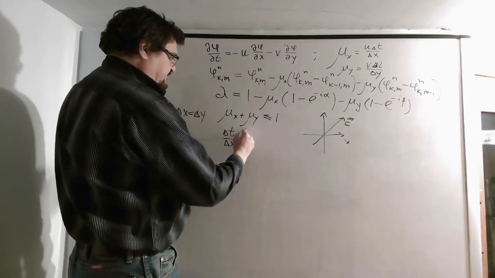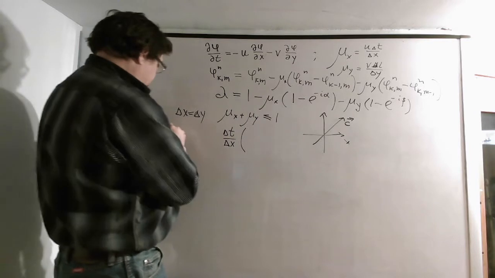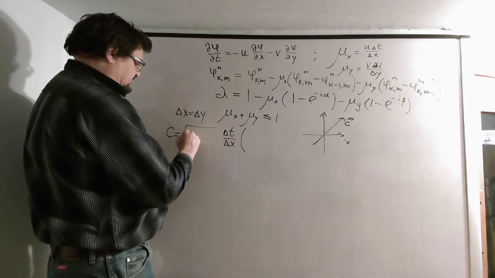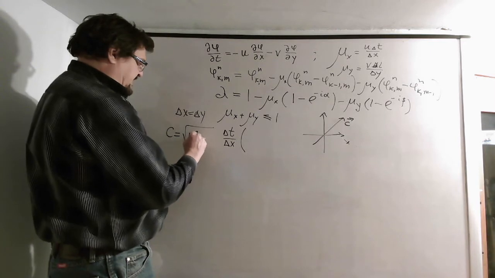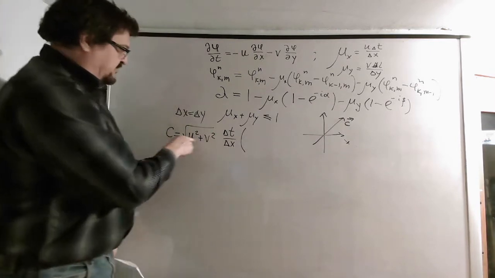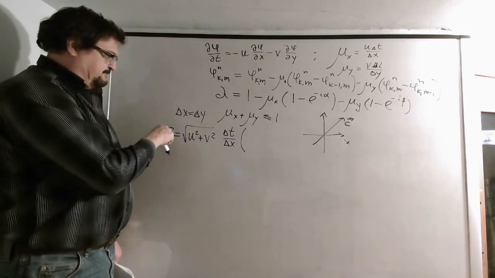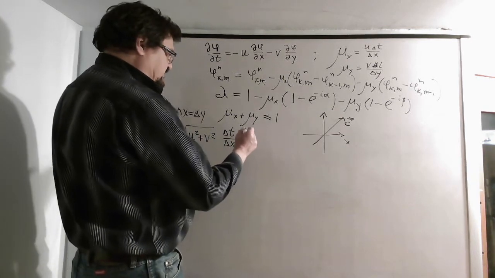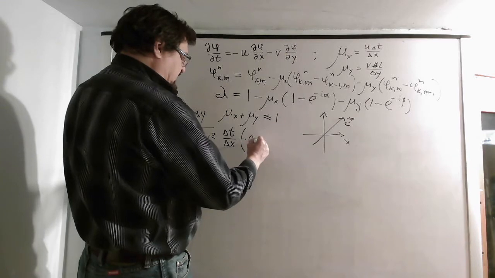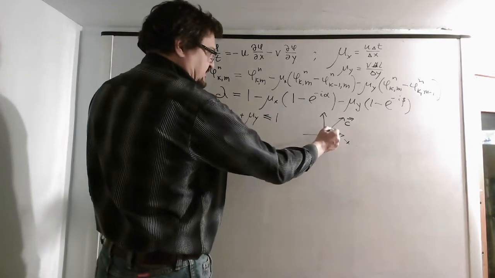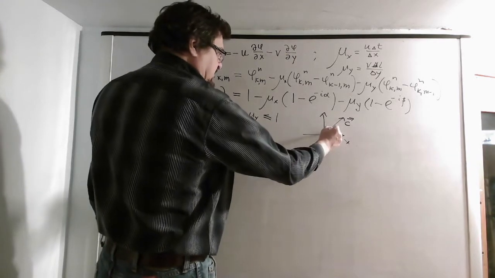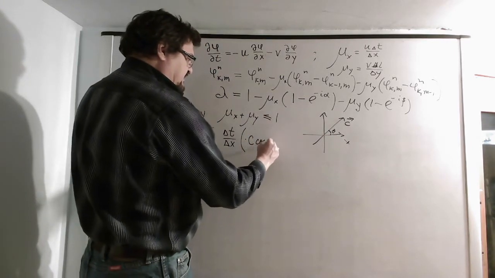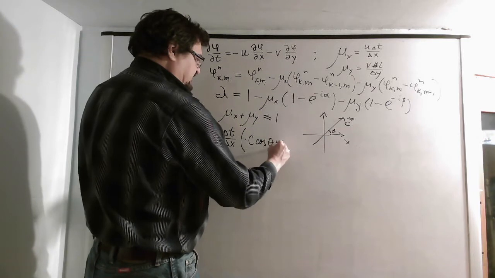And here we have u, where we introduce c as the total wind magnitude. So the square root of u squared plus v squared is equal to c. Then we have that u is c cosine theta, where theta is our angle here, and v is c sine theta.